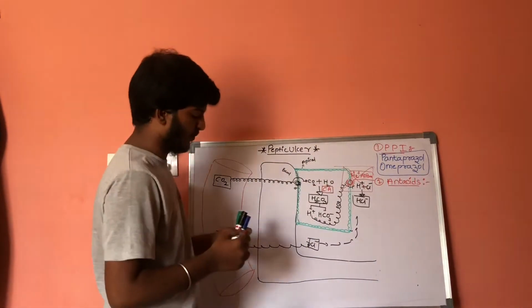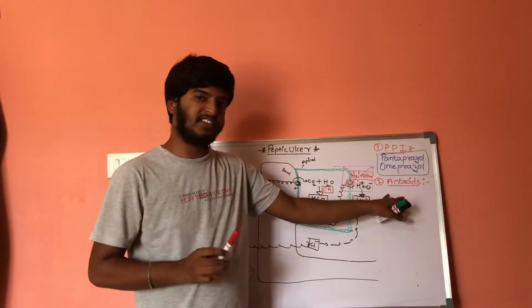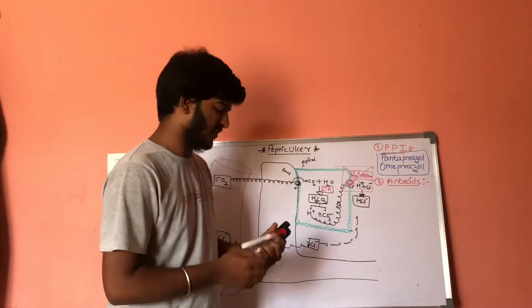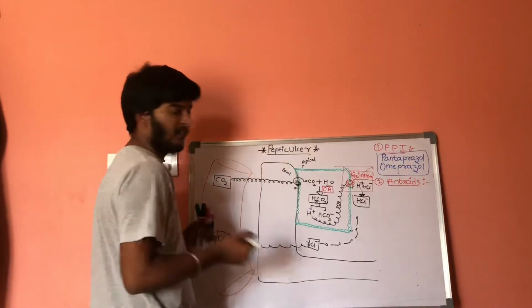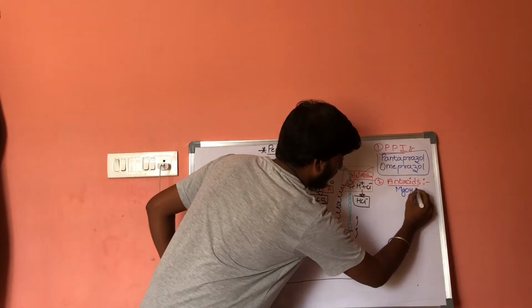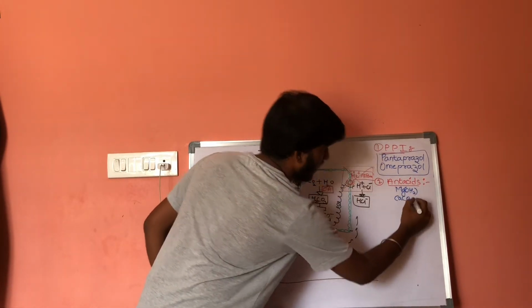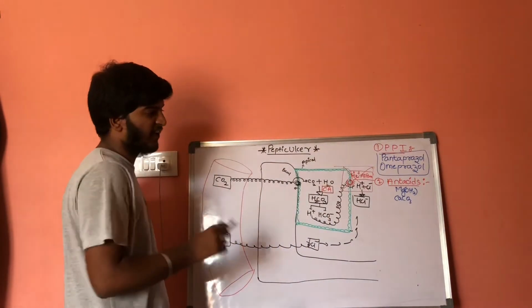Antacids work against the acidic secretions and neutralize the acidic nature. Examples are magnesium hydroxide and calcium carbonate. These are the two important types of antacids.